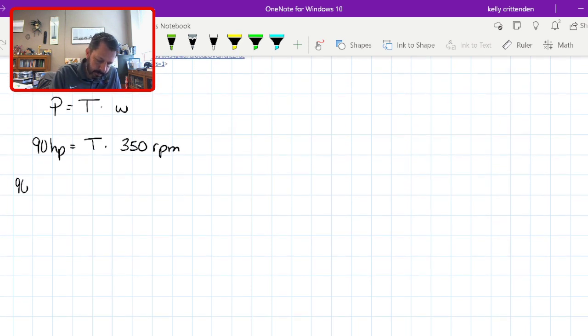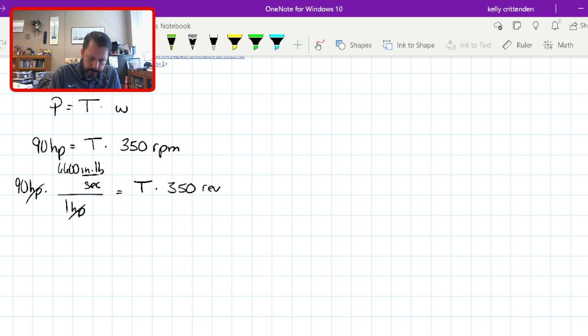So 90 horsepower, which 1 horsepower, well, let's do it this way. 1 horsepower is, let's do inch pounds. So 6,600 inch pounds per second. So now I've got inch pounds per second on the left-hand side equals torque times 350.